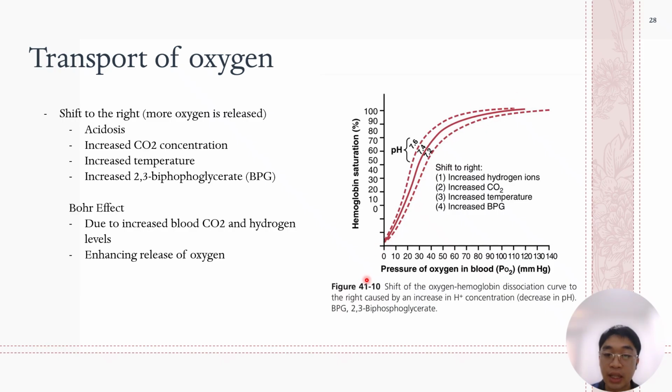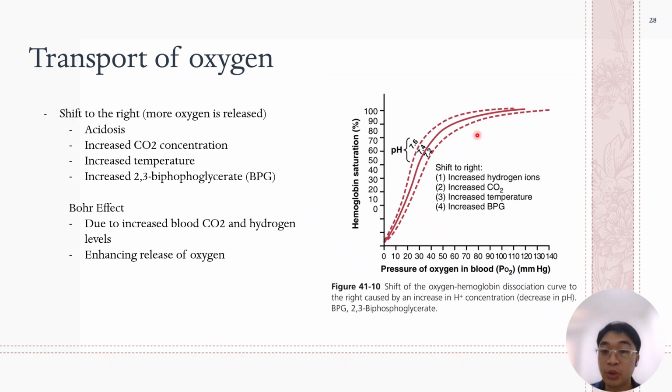Take note that in the x-axis, as the partial pressure of oxygen increases, the saturation of hemoglobin bound to oxygen also increases up to approximately 97% of your hemoglobin.